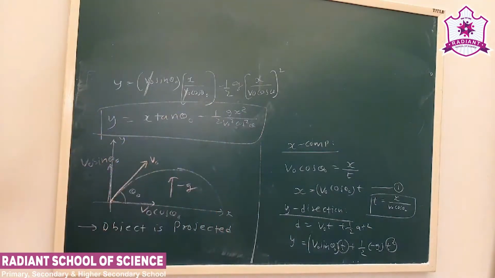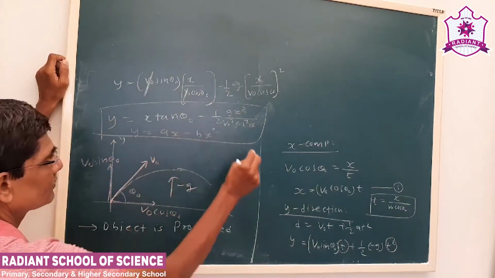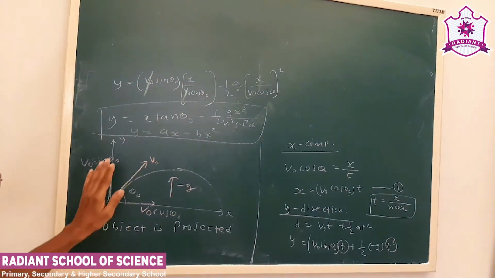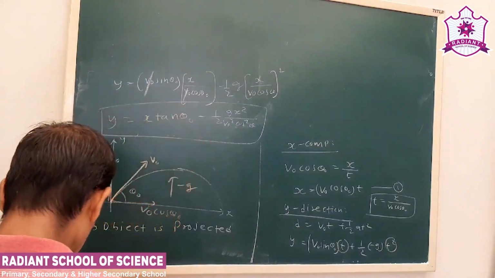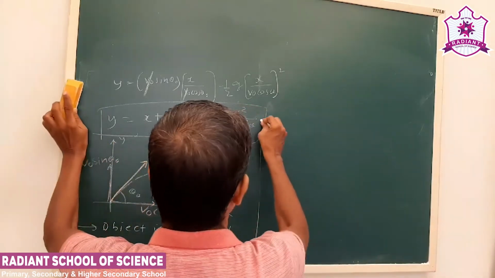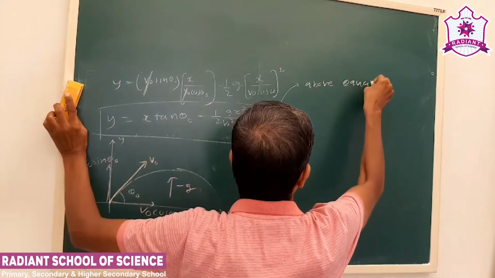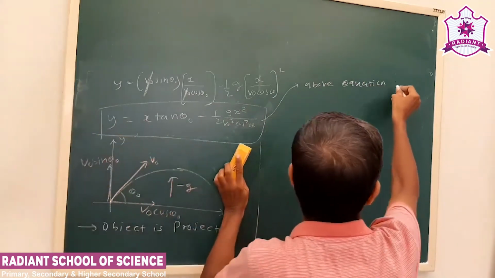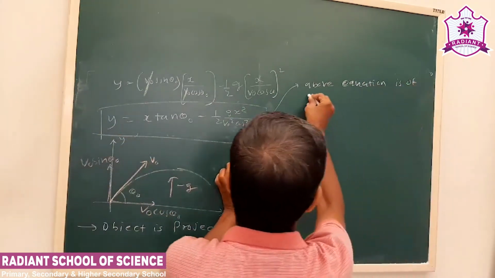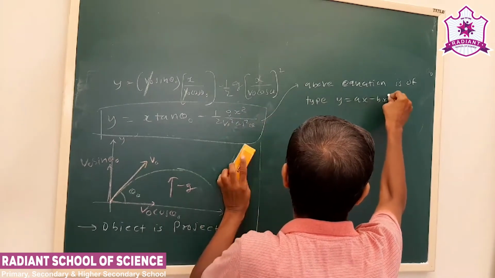Now see, as I told, it is ax minus bx square. So we can write like this. See, the above equation is of type y is equal to ax minus bx square.